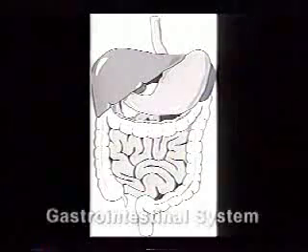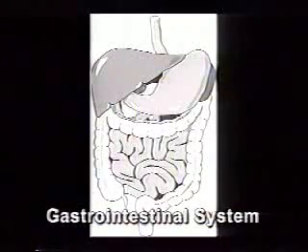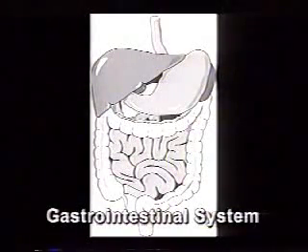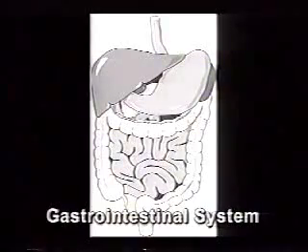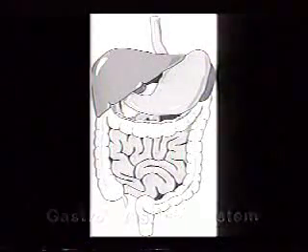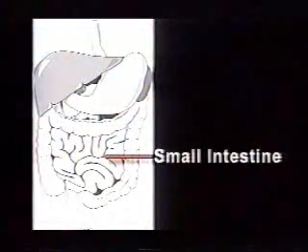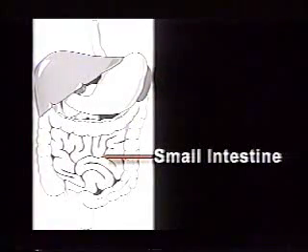Let's talk a little bit about the structure and function of the lower gastrointestinal system, also known more commonly as just the GI system. When the stomach finishes mixing and churning the food, it moves it on to the small intestine. The small intestine is much like a long rope.